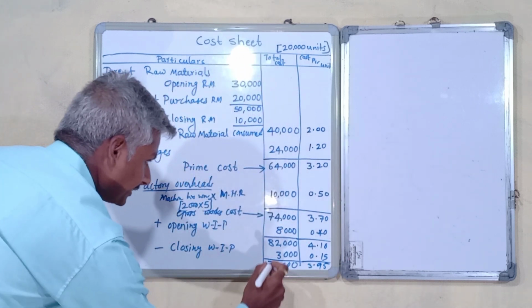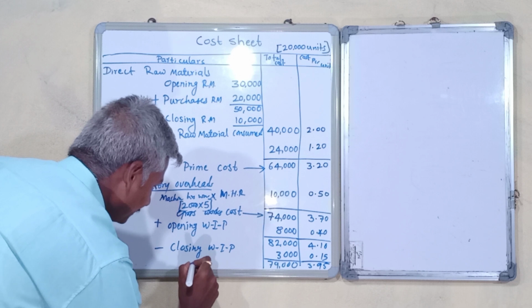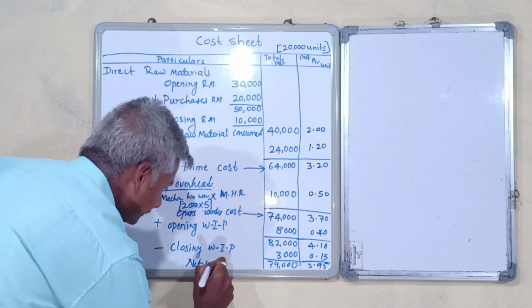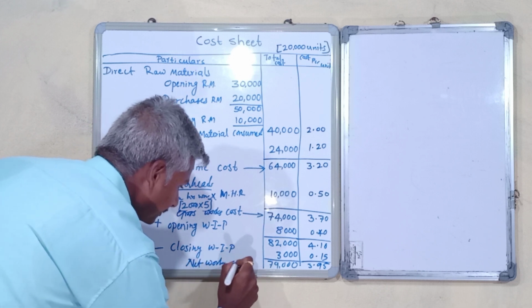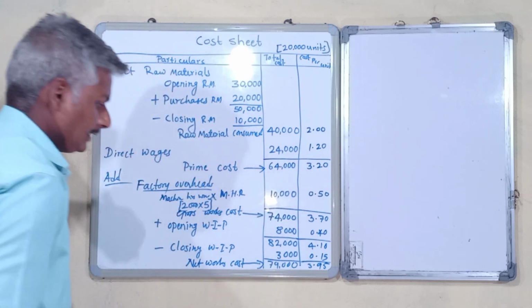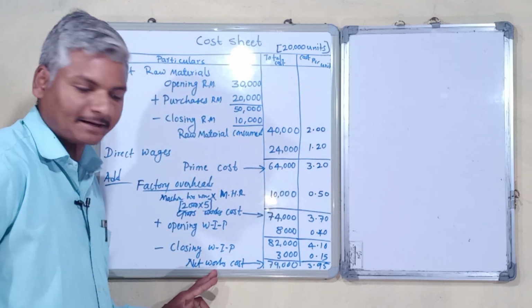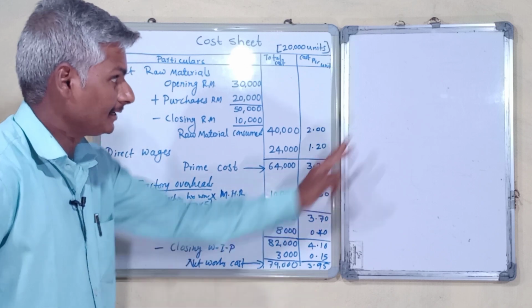This 79,000 is net works cost, or net factory cost, and this I will take into here.